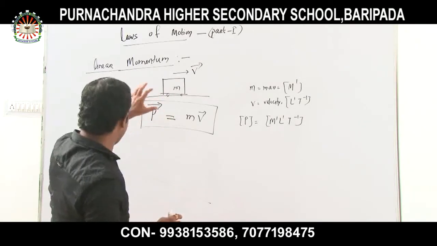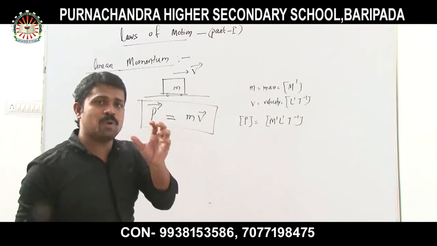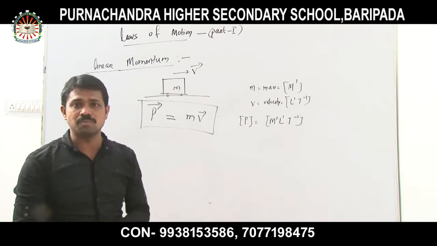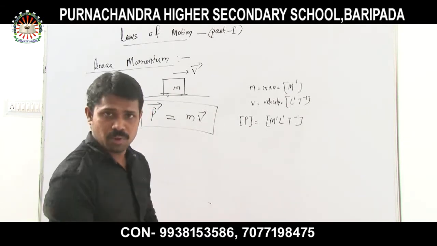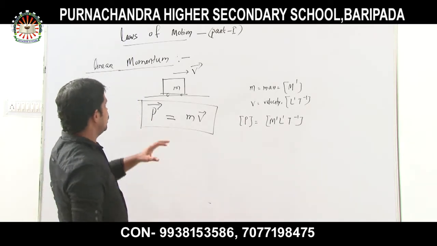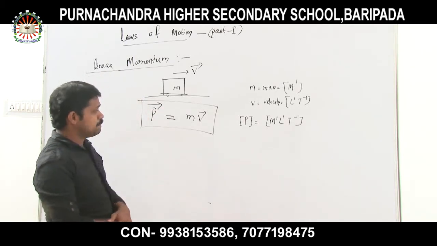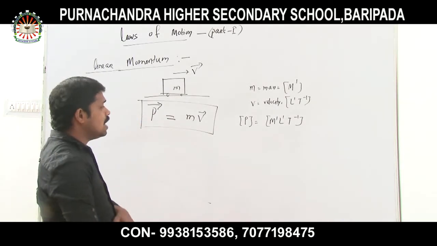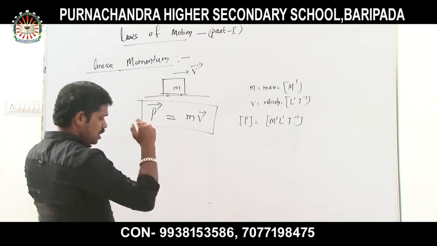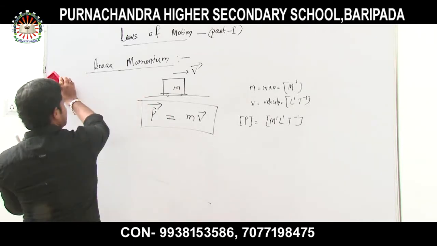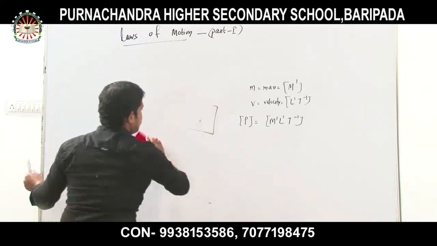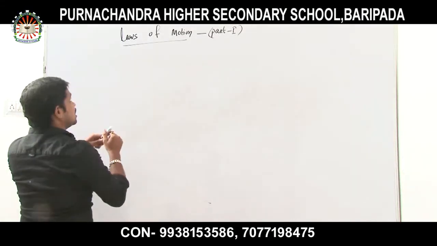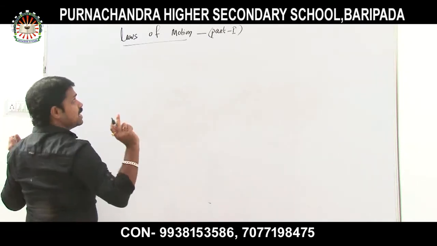So momentum has a very important significance in the case of a moving object. Clear all of you? Understood? So this is linear momentum, this is some of our discussion about linear momentum. Clear? So with this small concept of linear momentum, now let us discuss Newton's second law of motion.